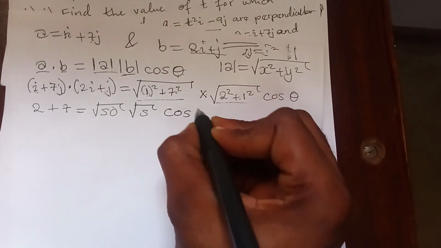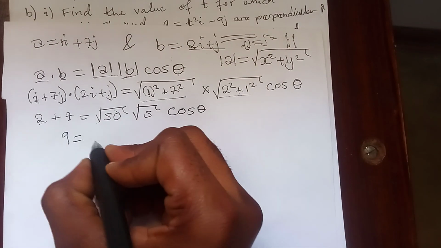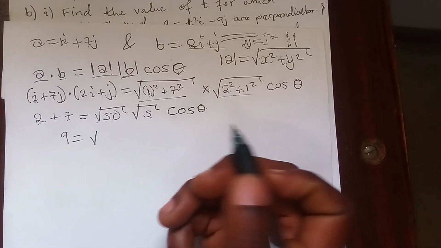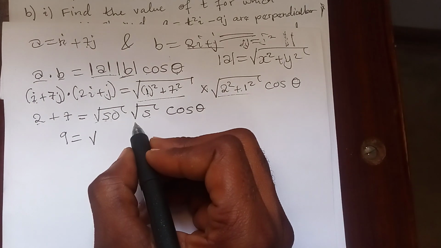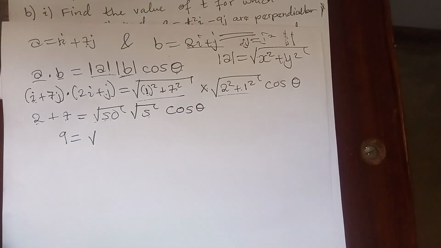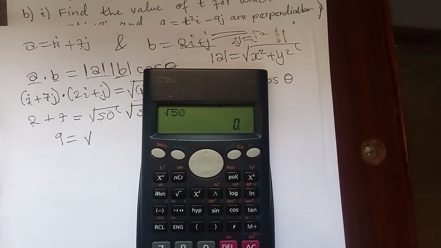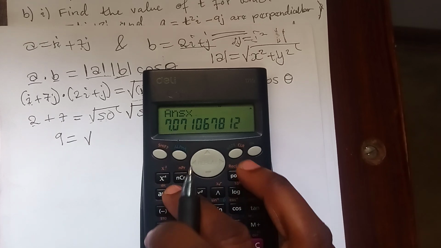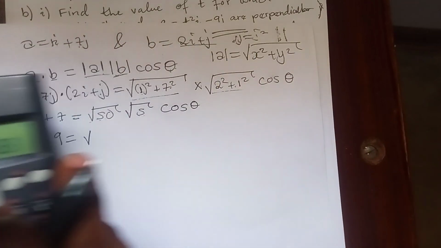And then cos theta, so this plus this is 9, and then you can go ahead and multiply these two, or you can find their square roots and multiply them. So I'll just punch them on my calculator. So the square root of 50 is this, multiplied by the square root of 5, which is this.